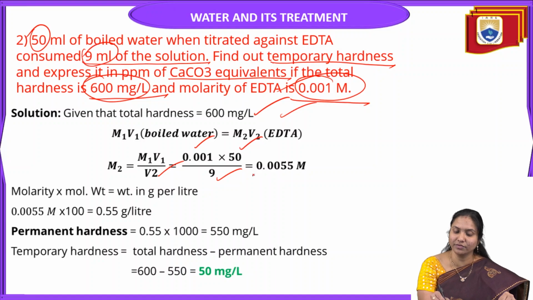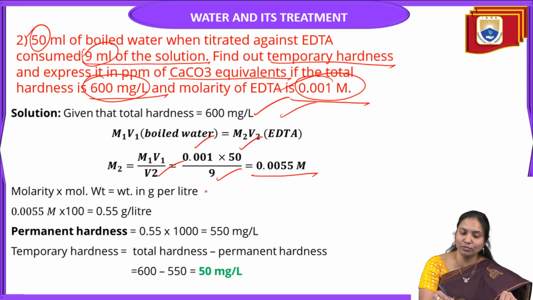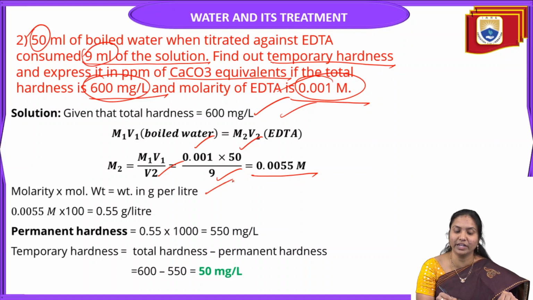After calculation we get 0.0055 M. Molarity into molecular weight gives the weight in grams per liter.